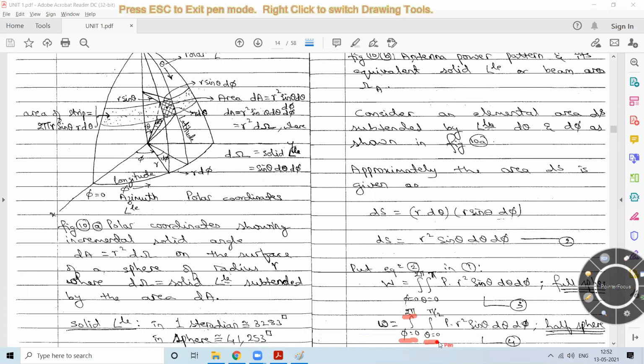But for the elevation angle, it is 0 to pi by 2, because you are considering only the half sphere. Integration with these limits will give you the total power when you're considering only the half sphere.